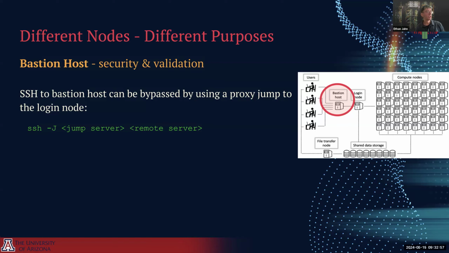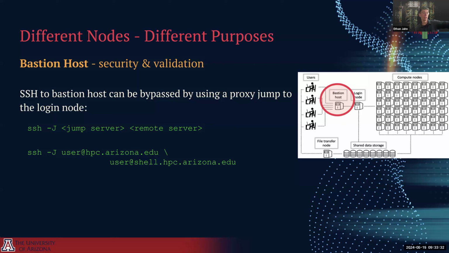One more thing about the Bastion host is if you do want to bypass it so you don't have to type shell every time, it is possible to do that with something called an SSH jump. So you can use the -J flag after SSHing in order to access the remote server. In this case, you would put the jump server first and the remote server second. So the full command would be ssh -J, your username at hpc.arizona.edu, and that is the Bastion host.